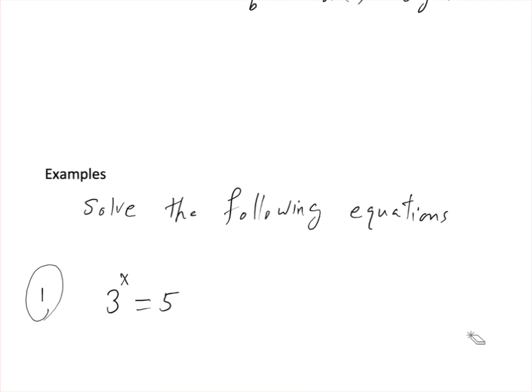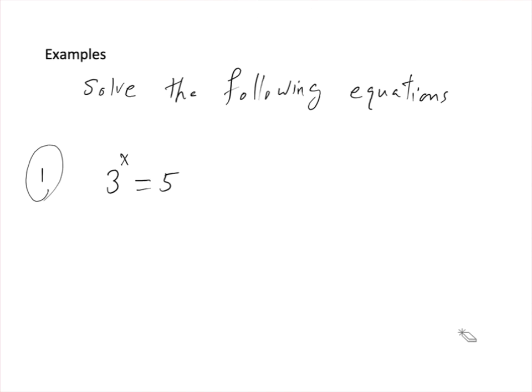So here's an example. 3 to the x equals 5. We want to solve for x. We want to find x. All right, so here x is equal to, because we're using exponential base 3, this translates to log base 3. So we have log base 3 of the output of the exponential, which is 5.